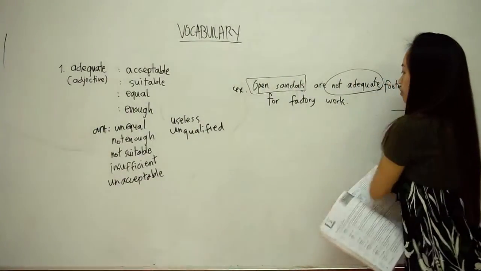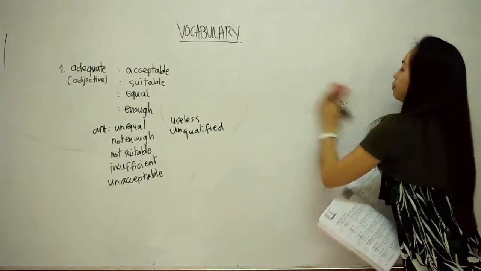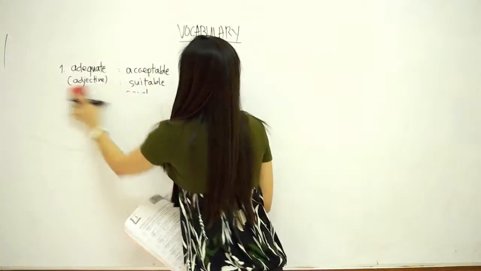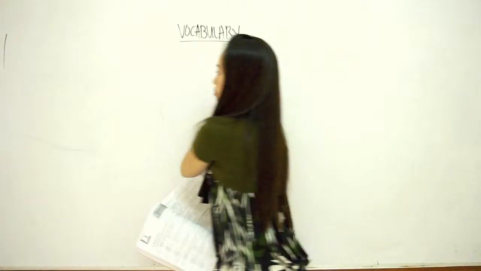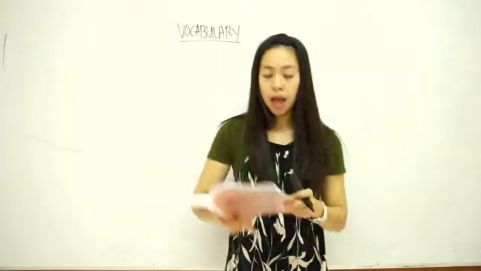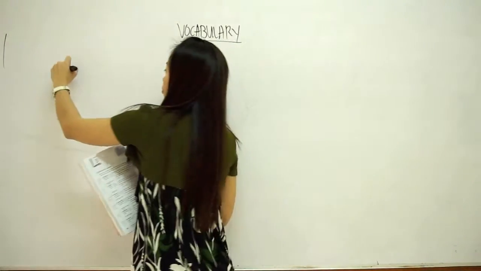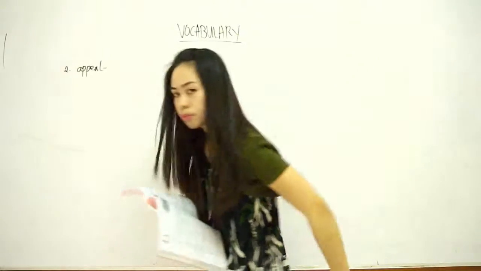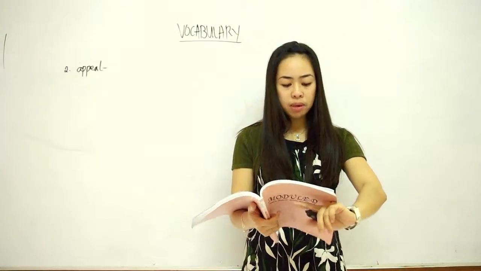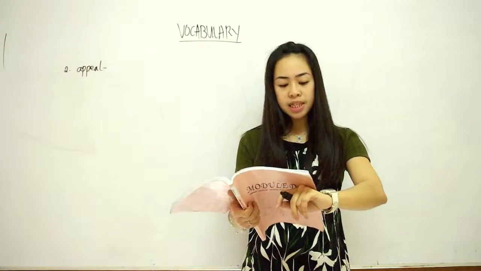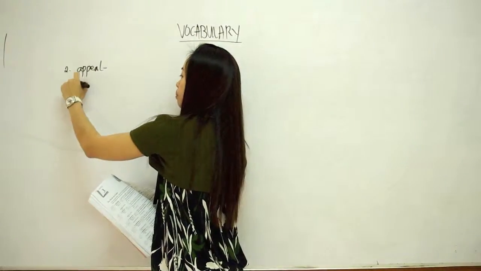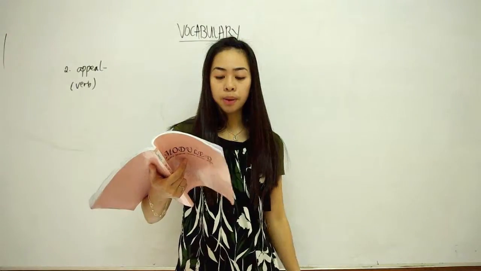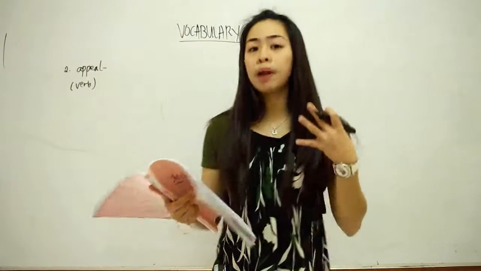Next, we have now the second word: appeal. What do we mean by the word appeal? Appeal stands here as a verb. When we say the word appeal, we mean that we try to apply.